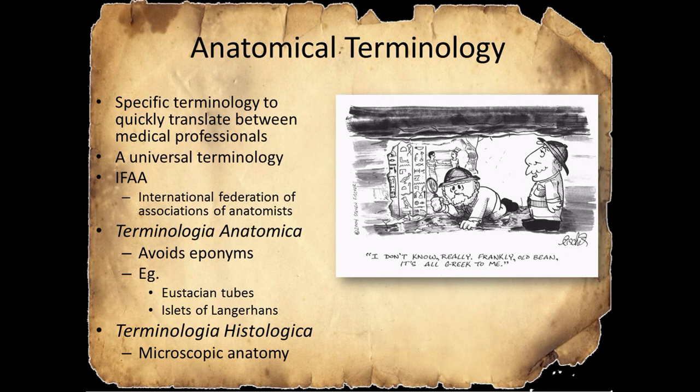So it doesn't matter if you're from China or Japan or Europe or the United States or South America or wherever, by having this unified terminology, we can speak to each other. We can put it in a medical record and send it across the globe, and everybody can translate it just the same.